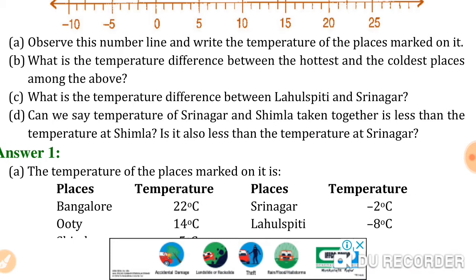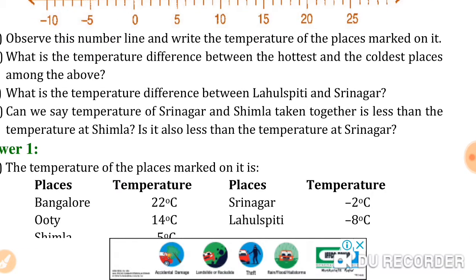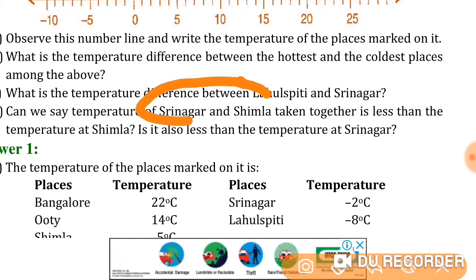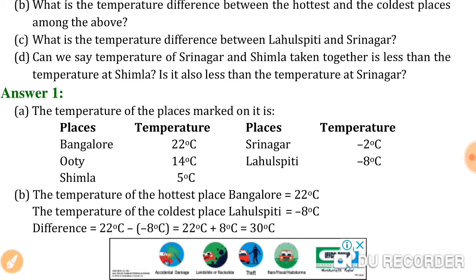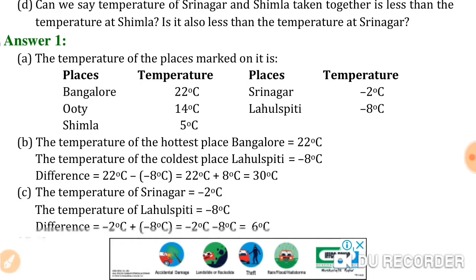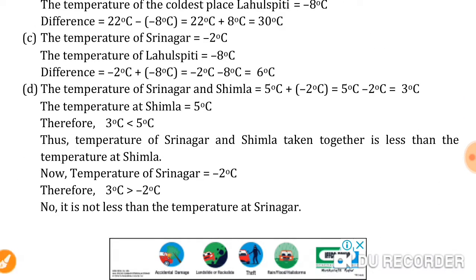If you add Srinagar and Shimla, can you get less compared to Shimla or not? We have to check. After that, is it also less than the Srinagar? We have to check. So first we have to add Srinagar and Shimla. Whether the answer comes less than Shimla or less than Srinagar, we have to check.